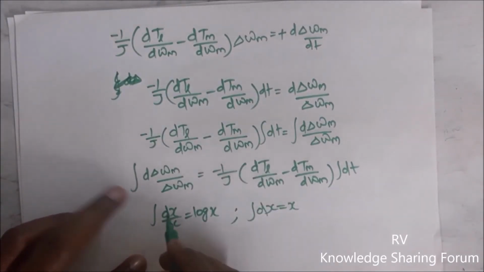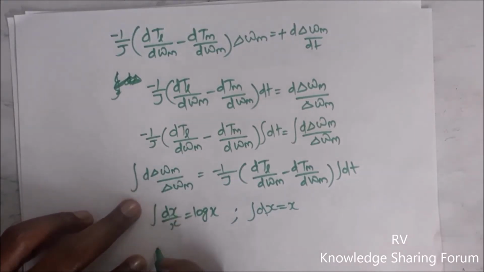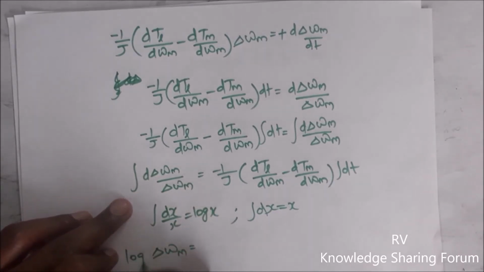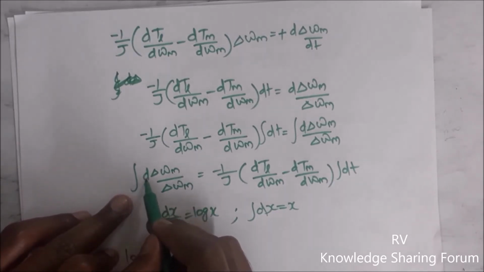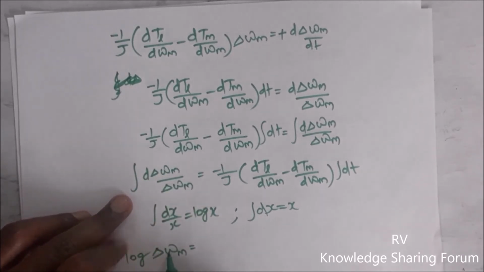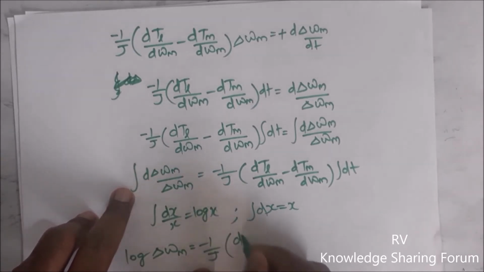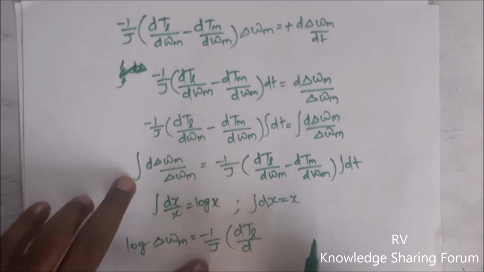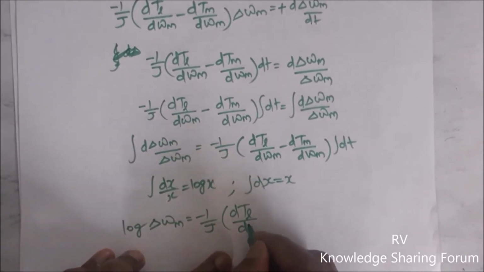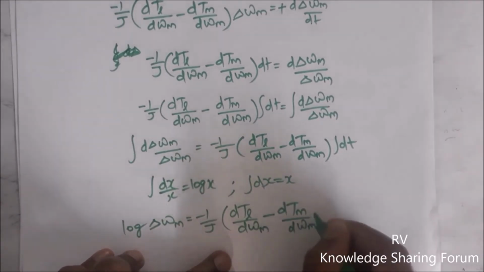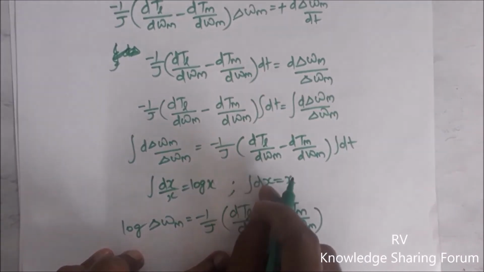So what happens is, here if you integrate this d delta omega m by delta omega m, you will get log delta omega m, because the formula of integration of dx by x is equal to log x, where x is equal to delta omega m, which is equal to minus 1 by J (dTL by d omega m minus dTm by d omega m), integration of dt, that means integration of dx is nothing but x.